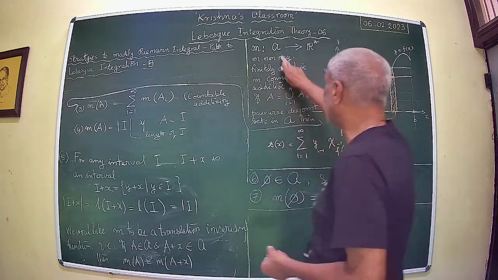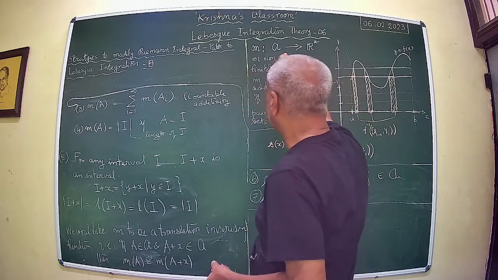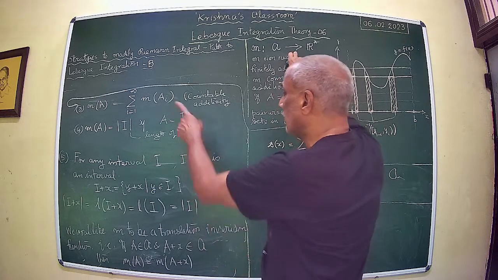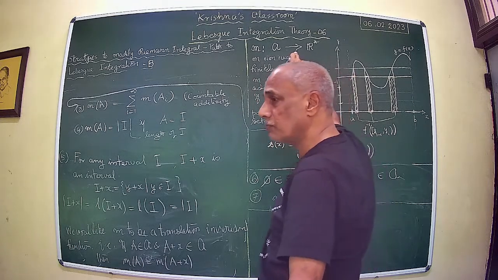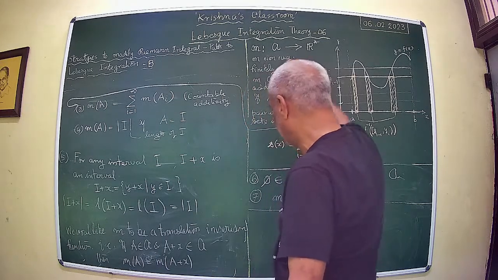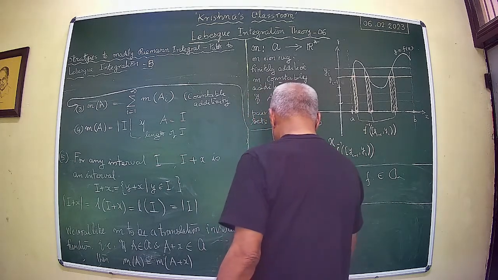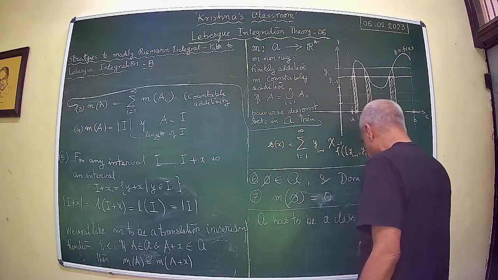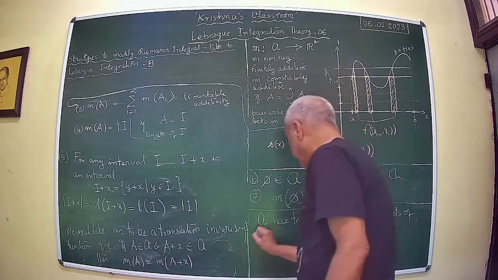So you need some structure on this class of elements, so that the preconditions required for defining a set function having all the desired properties of length are there on A.